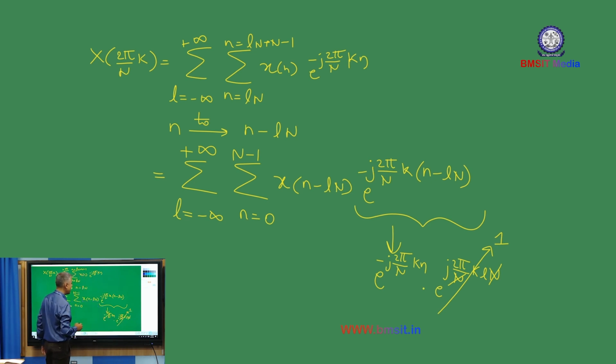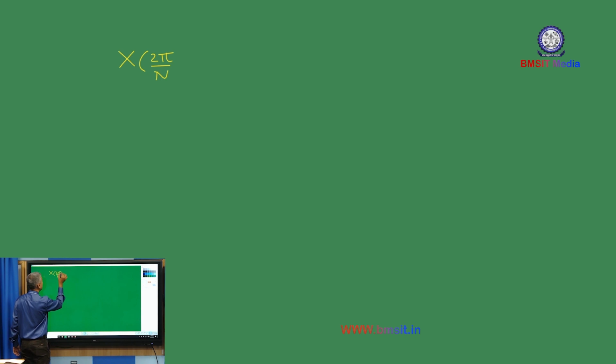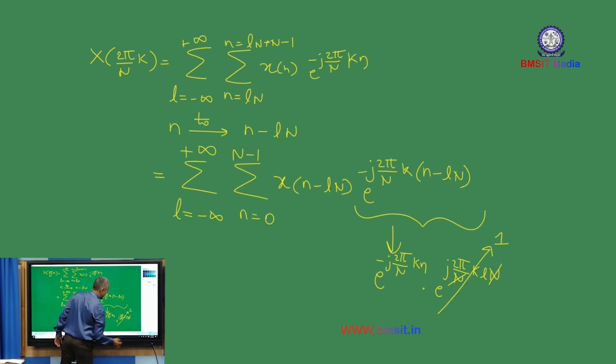So it is possible for me to simplify the representation, which can be written as x of 2 pi by n k equal to summation. I'll also interchange the order of summation. Previously we had the outer summation as l equal to minus infinity to plus infinity, and the inner one was n equal to 0 to infinity.